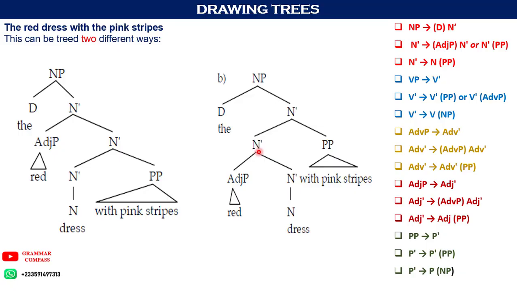Of course there is an adjective phrase. It should also be a sister to an N bar. Then you break down the N bar. This is becoming very easy. So you just have to take note of all the rules, then apply what you know from complements, adjuncts and specifiers, and you are good to go.